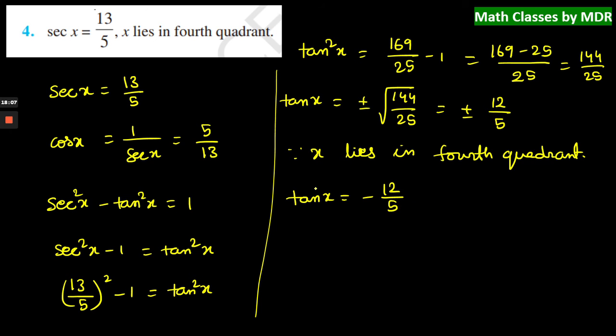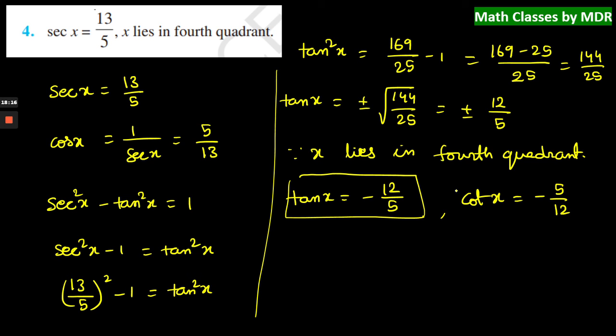If tan x is negative, which implies cot x is also negative, therefore cot x is the reciprocal of it, that is minus 5 by 12.